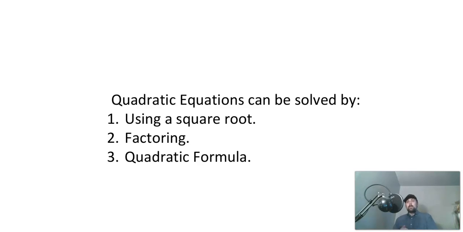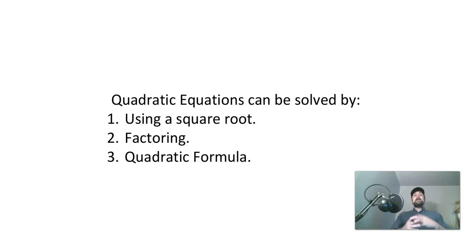There are 3 different methods that we will learn to solve a quadratic equation, depending on what we're presented with. One method that we may use sometimes, it's the more rare occurrence, is you can just solve for x. What I mean is you can just get x by itself and move everything to the other side.